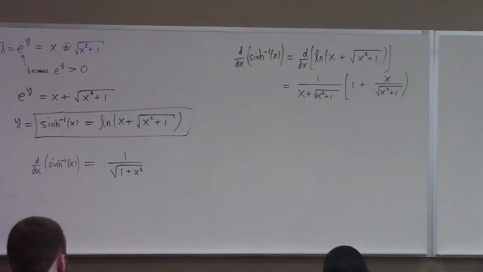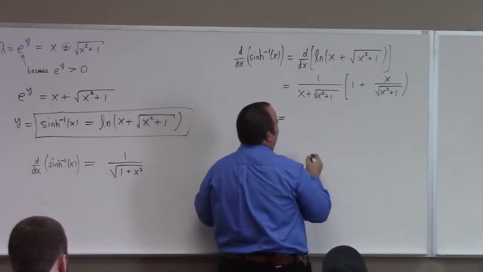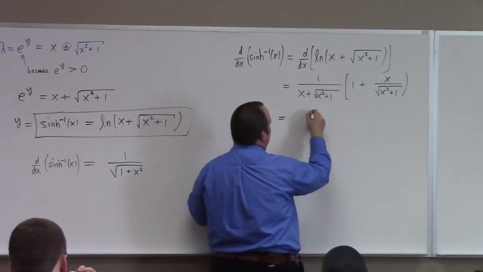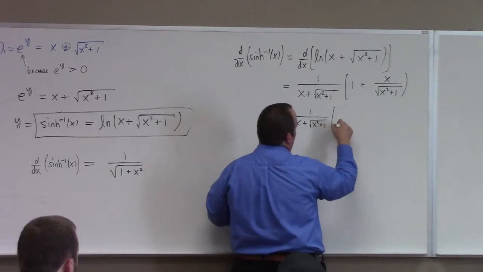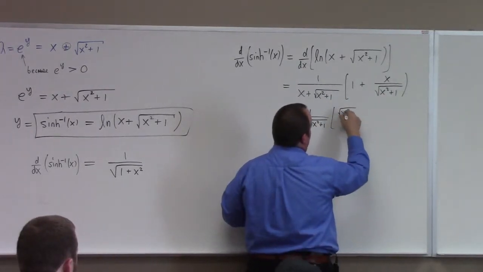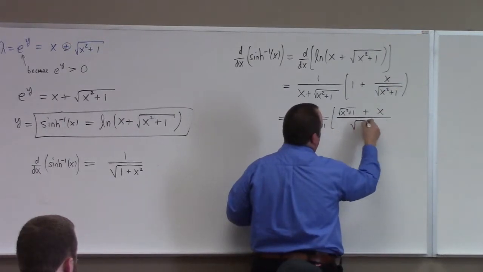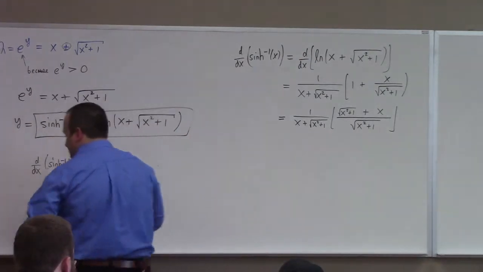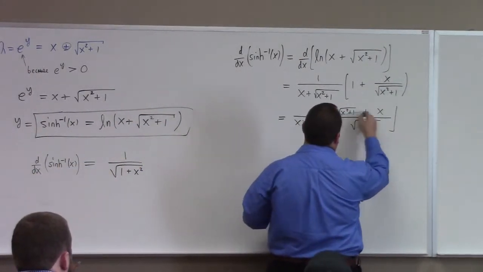Are these equal? I don't know, I'm kind of worried. So make a common denominator here. What do you got? The square root of x squared plus 1, plus x, divided by the square root of x squared plus 1. Oh, phew, math is still right.